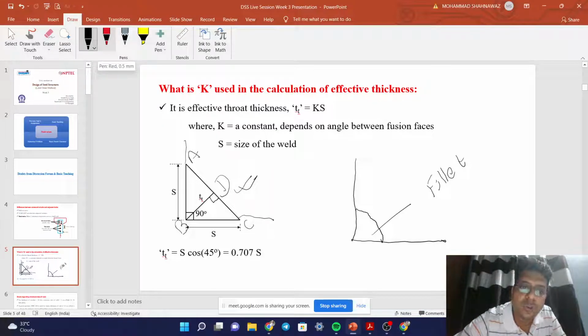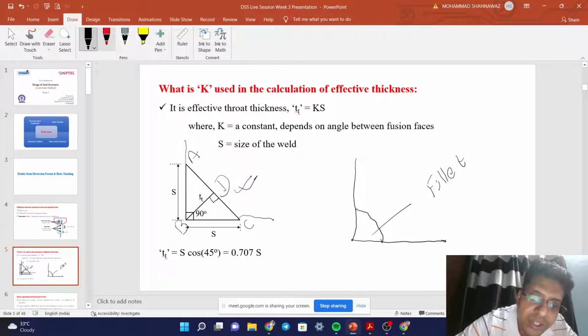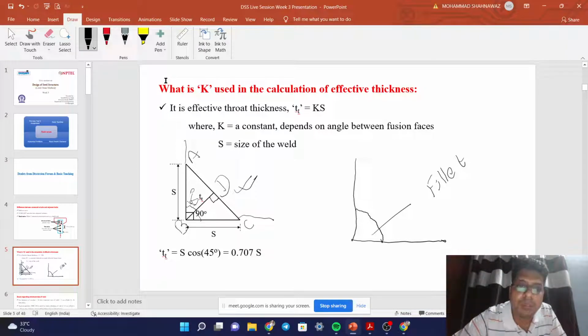In this small triangle BDC, BC is the hypotenuse. When we draw this line as throat thickness TT, this angle is 45 degrees and this angle is 45 degrees. So either way you can calculate the throat thickness by applying the Pythagoras theorem to this small triangle BDC.